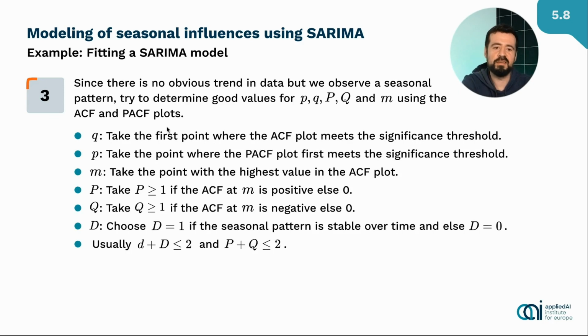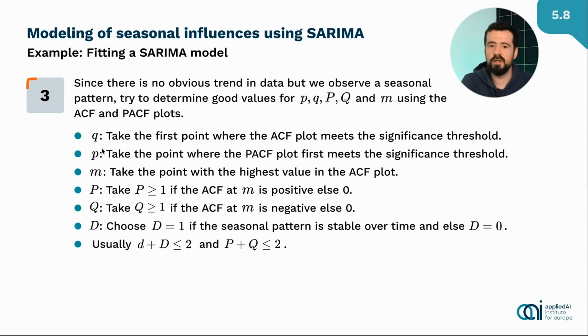First of all, let's talk about q, so the moving average part of our SARIMA model. Here we can refer again to the autocorrelation plot, and a typical value to choose would be the time step where the plot first meets the significance threshold. For p, so the autoregressive part, we can take the so-called partial autocorrelation function.